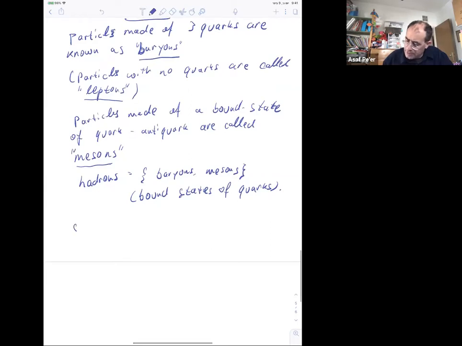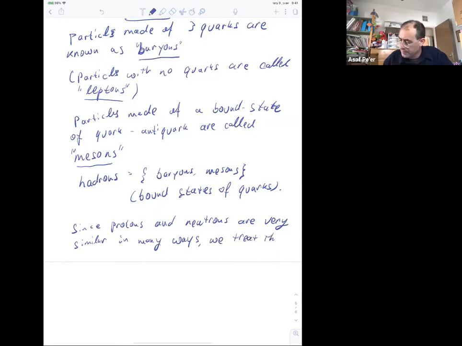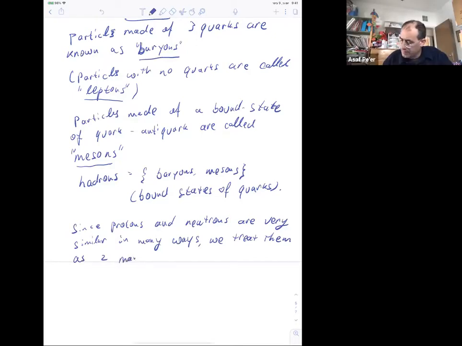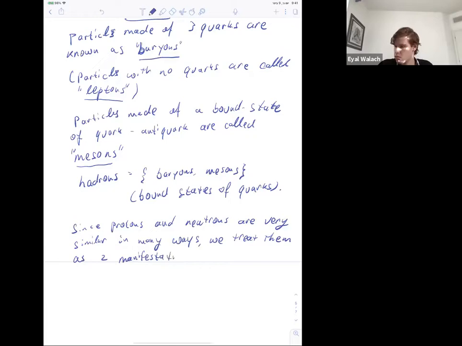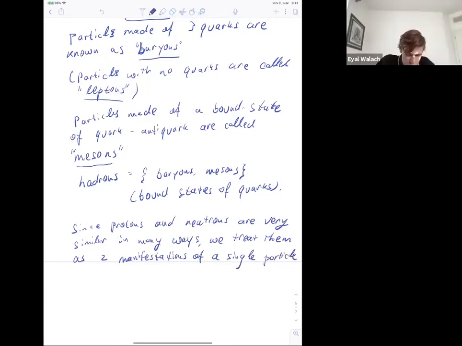So since protons and neutrons are very similar in many ways, we treat them as two manifestations of a single particle, which we call the nucleon.